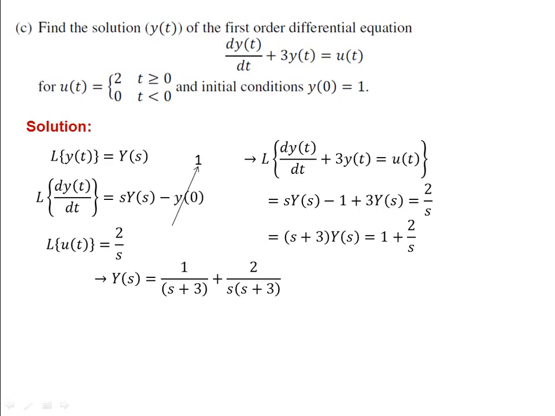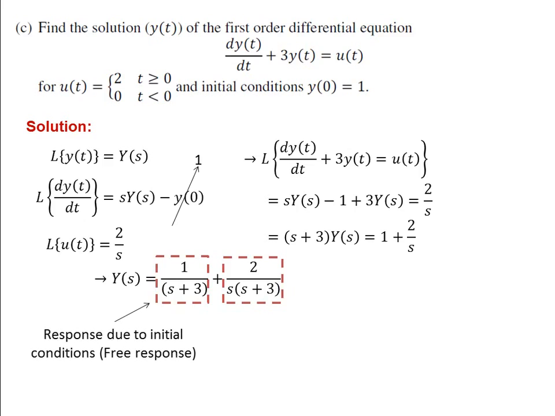The first one is the response due to the initial condition, which is known as the free response. And the second part is the response due to the external force, which is a step function in this case, which is known as the forced response.